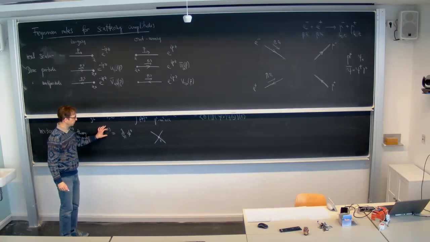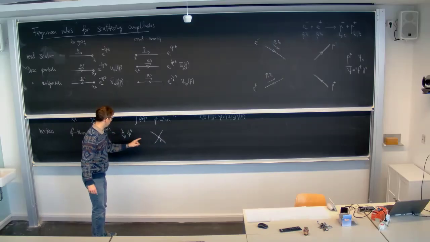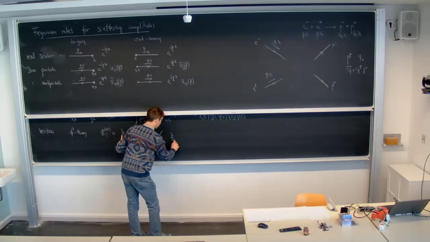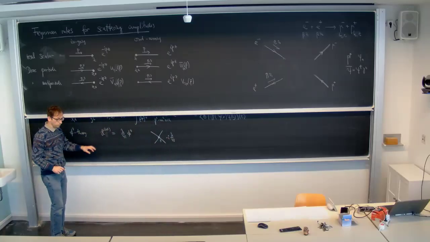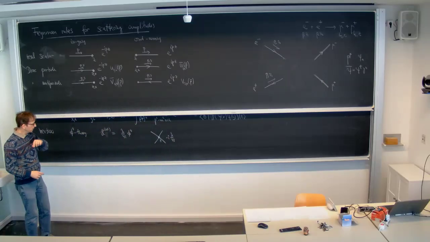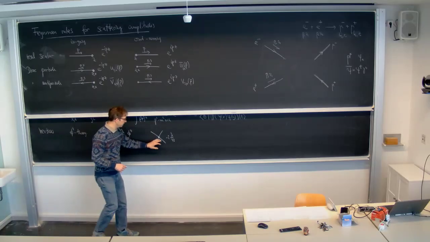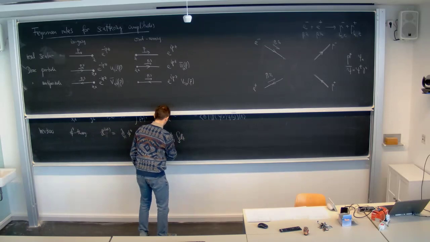Every time I bring this down from the exponential, I get these 4 fields at one location, and this factor, lambda over 4 factorial, I get a minus i, because the formula said so. That was e to the minus i integral of this thing. So that's the rule. And integrate over the location.